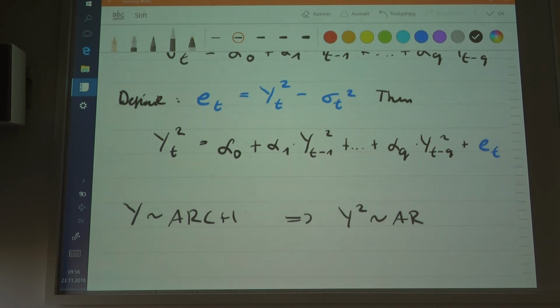If they can, I'm not saying that this is proof, but it might indicate that the data is conditionally heteroscedastic, that is, that the conditional volatility of the process depends on previous realizations of the process.